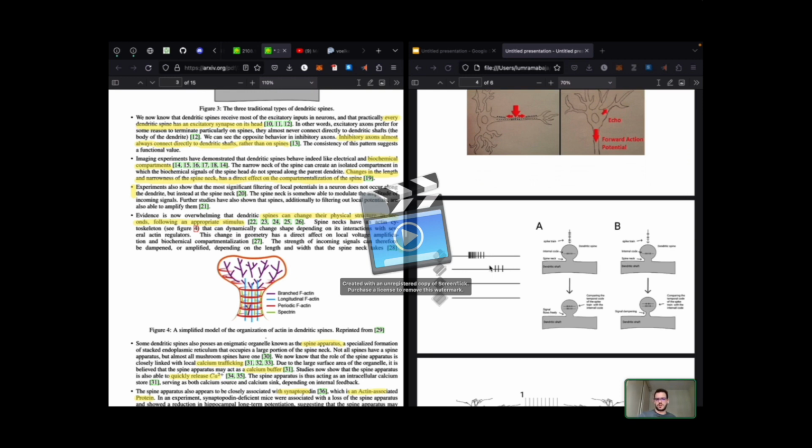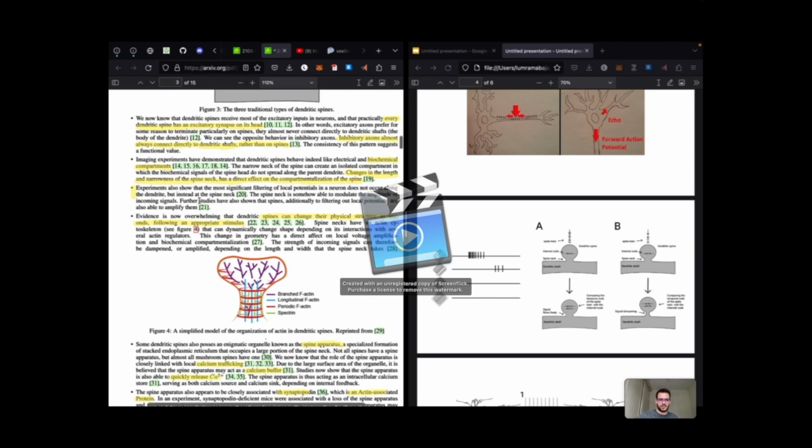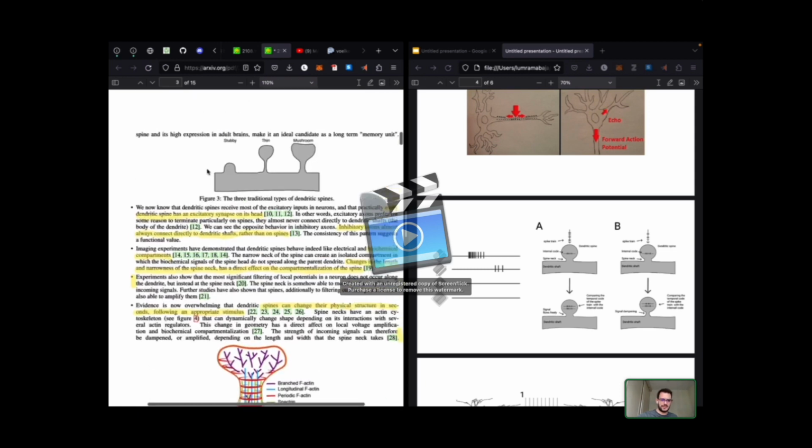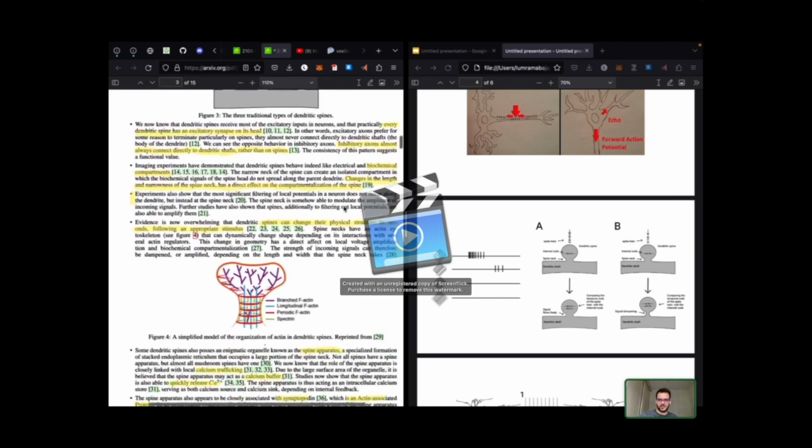Some even think that it happens in the soma, but if we actually look at where signal filtration or amplification occurs, we can see that it does not really happen at the soma of the cell. It doesn't really happen in the dendritic shafts of the cell. The majority of signal processing happens on a dendritic spine level. And I have included quite a lot of references of experimental data showing that that's actually the case.